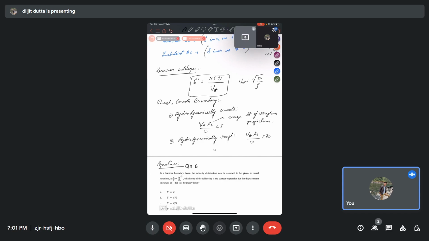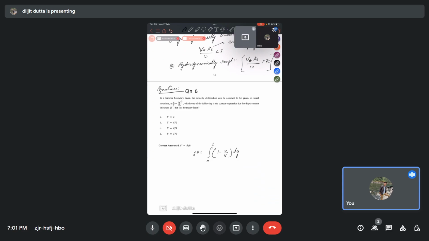And if we consider a hydrodynamically rough boundary, then the value of the roughness parameter should be greater than 70. Again here ks is the height of the roughness projections.